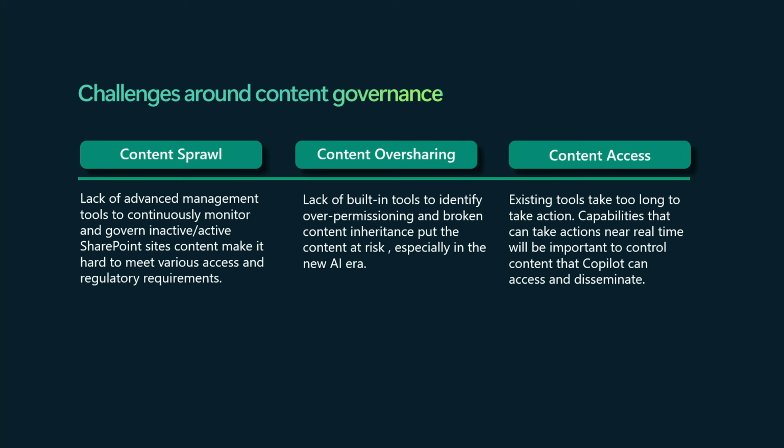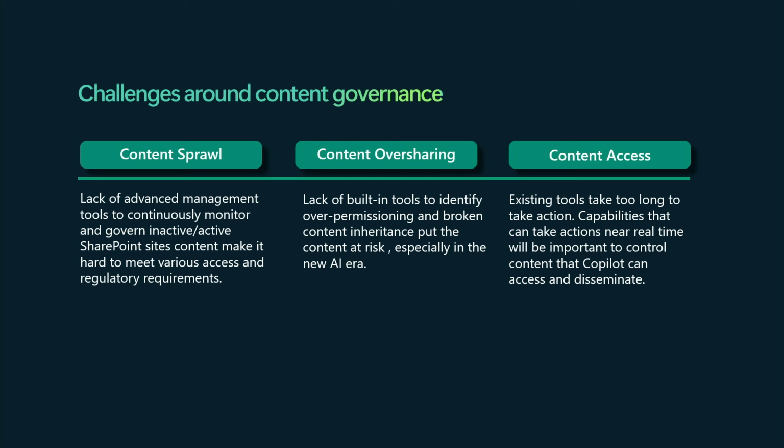When we talk about control of content, here are the three major buckets of challenges that we're seeing customers have. The first one is content sprawl. As I mentioned earlier, content is getting created and collaborated on, and the footprint is growing. As the content grows, the sprawl grows as well, so you need to be able to control that.